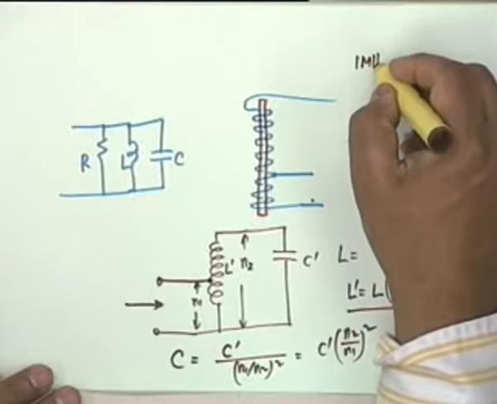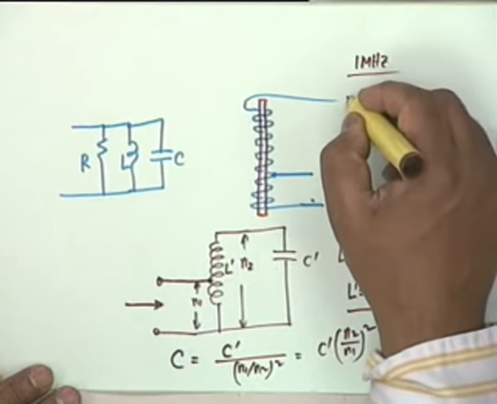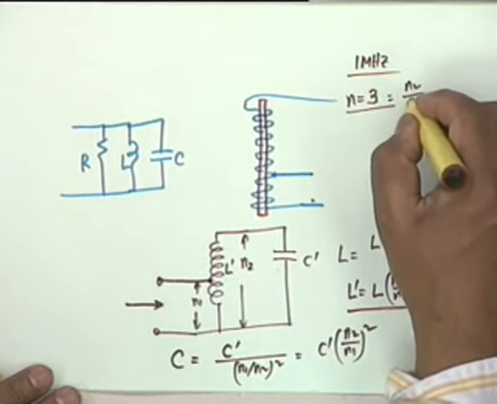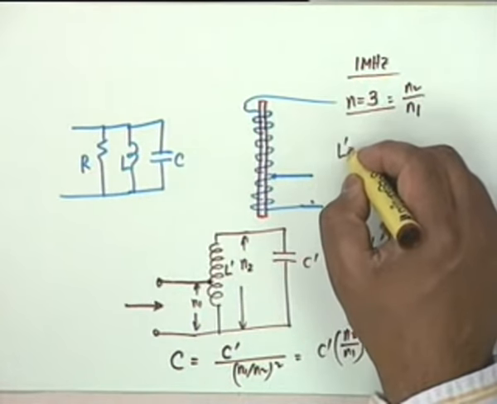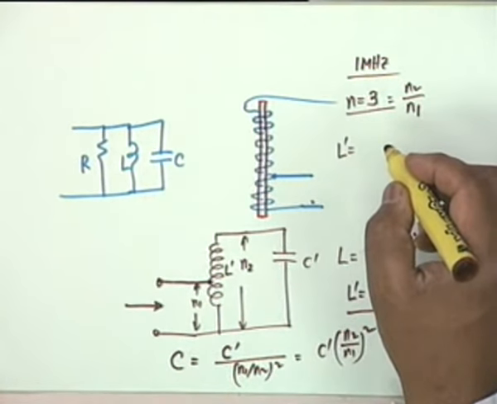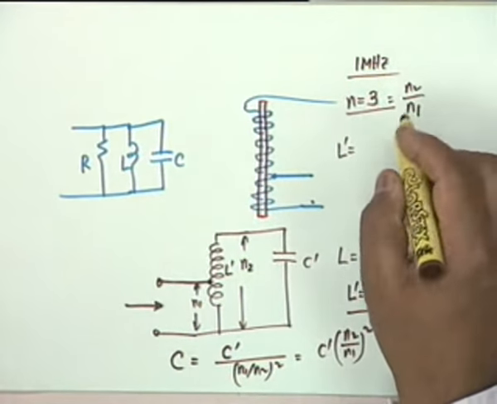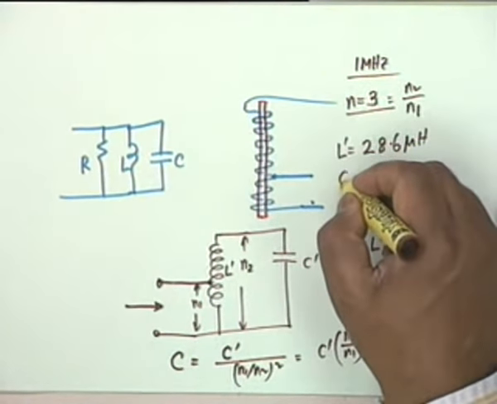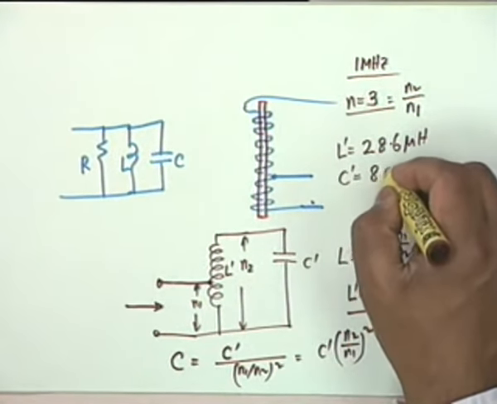For example, considering the previous example, 1 megahertz is your tuned frequency, resonance frequency, and suppose you use a turns ratio N2 divided by N1 of 3. Then one can very easily see that instead of 3.18 microhenry, you can do it with an inductance 9 times larger, that is 28.6 microhenry, and a capacitance C prime which is 9 times smaller. So you can do it with 884 pF.